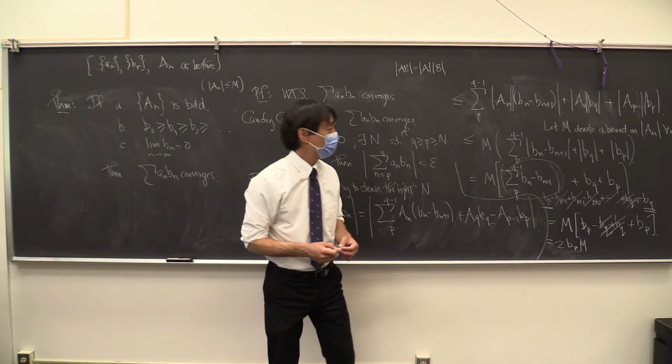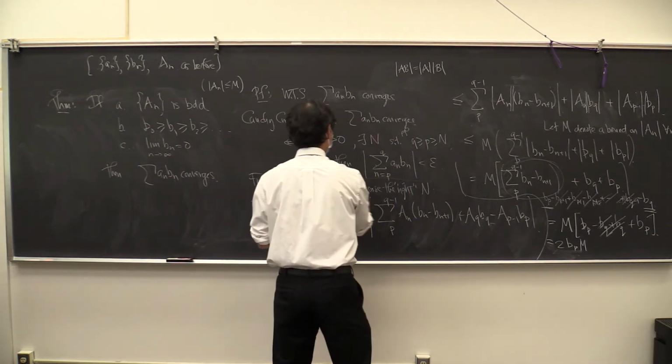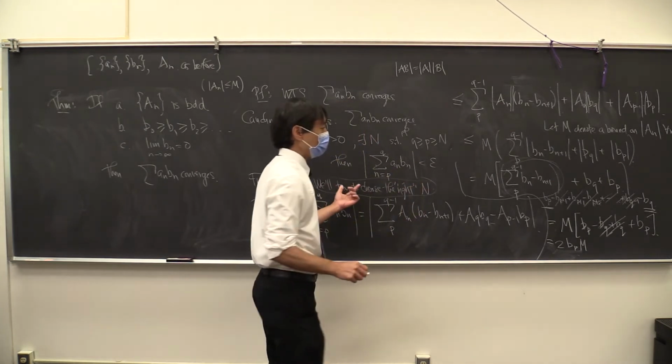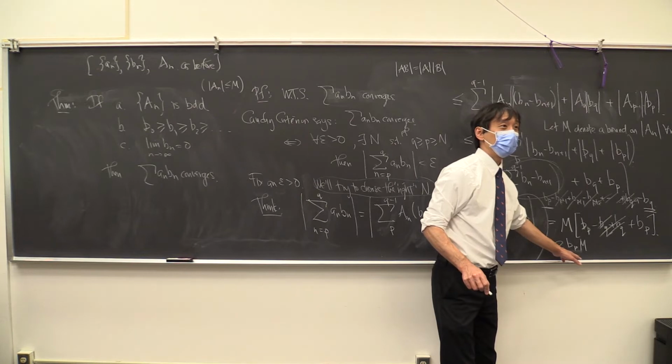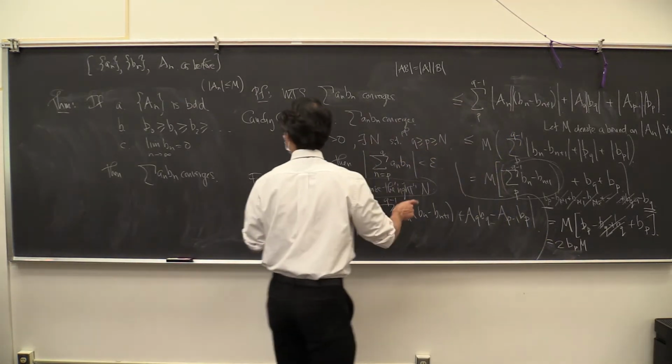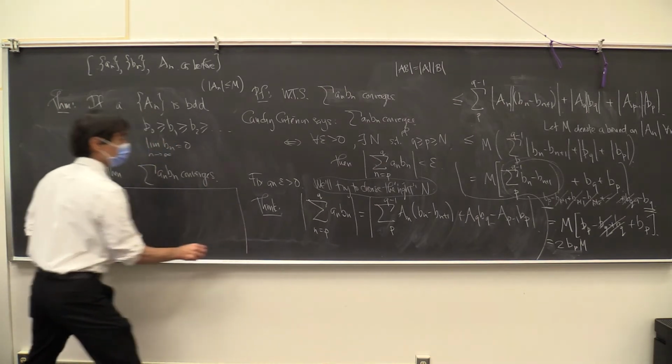Right? Okay, so remember what we had to do. We were trying to choose the right n to make this smaller than epsilon. So what n do we need to choose? Let me write it just over here.